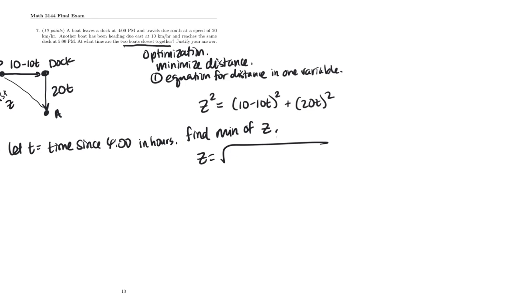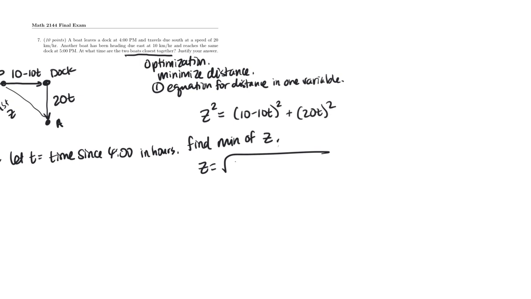Let's go ahead and multiply that out. So that's going to be 100 minus 10 times 10 times 2, so that'll be 200t, and then plus 100t squared, and then plus 400t squared.